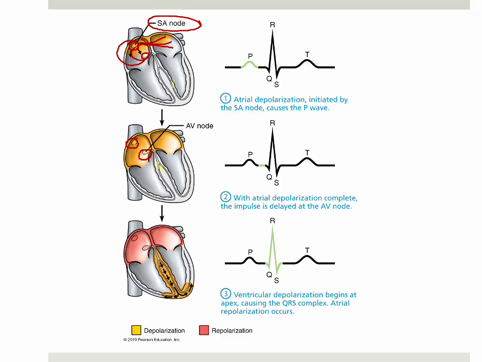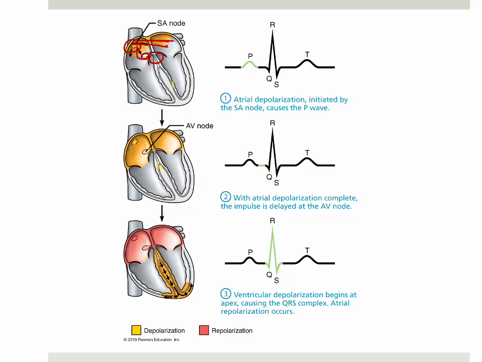Okay, so again, we start from the SA node, or the sinoatrial node. The electrical stimuli is going to stem and go to the left atrium, but firstly and mostly it's also going to go to the AV node. Okay, from the AV node it's going to go to the bundle of His.